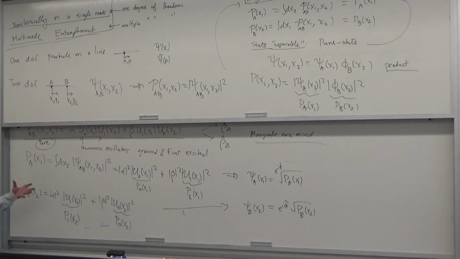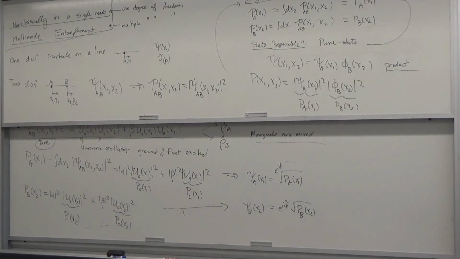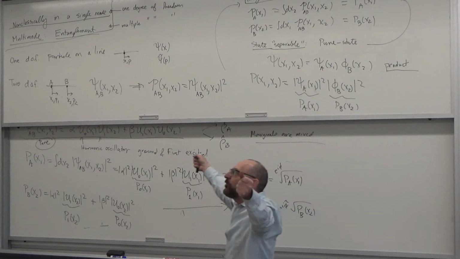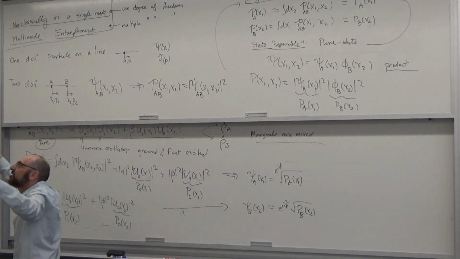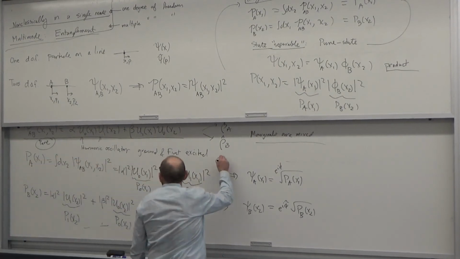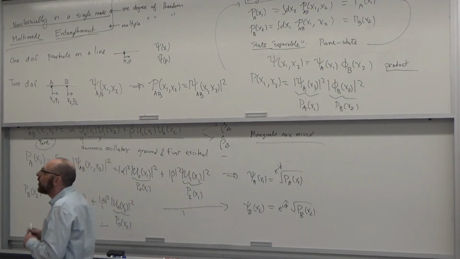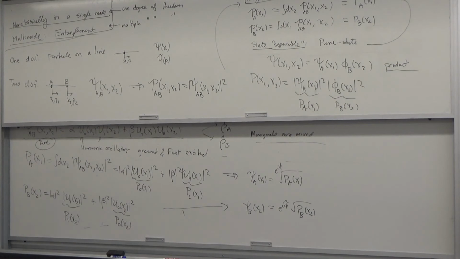If I had a positronium atom, an electron and a positron, and they went apart from one another, there is no wave function I can define for measurements on the electron or the positron. I can define the joint wave function. But this is a mixed state, as we will see. There is no wave function associated with the marginals.